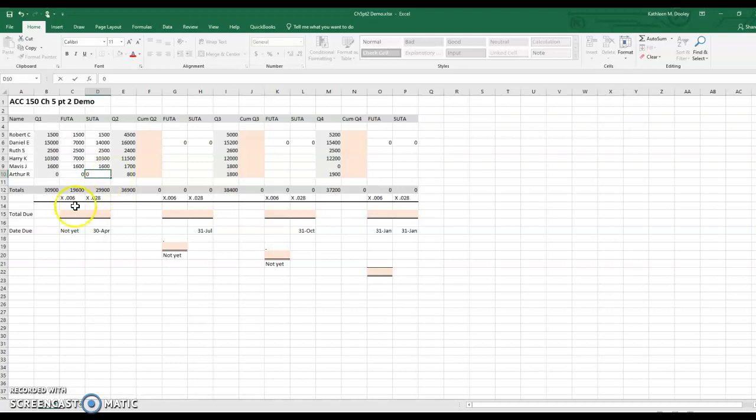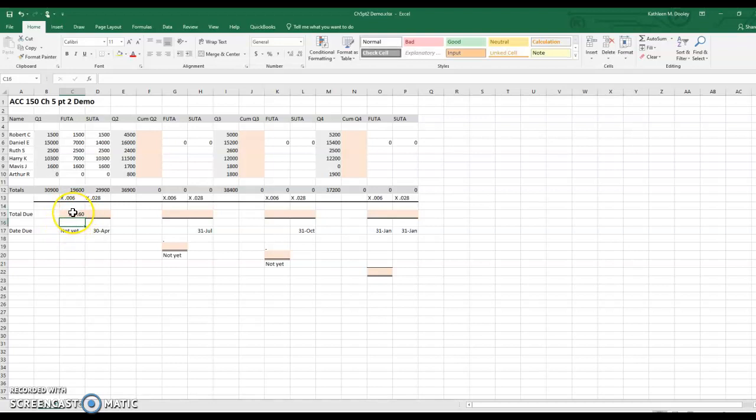Okay, so now the FUTA taxable wages all add up to $19,600, and I'm going to multiply that by the FUTA rate, which is 0.006, and that's $117.60.